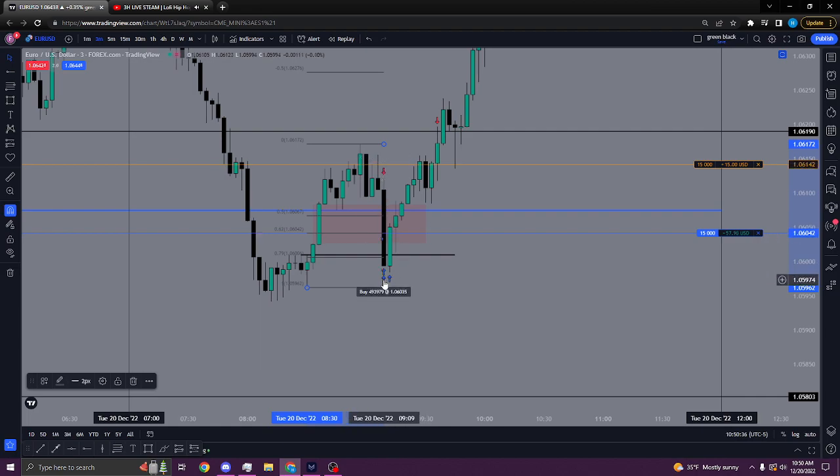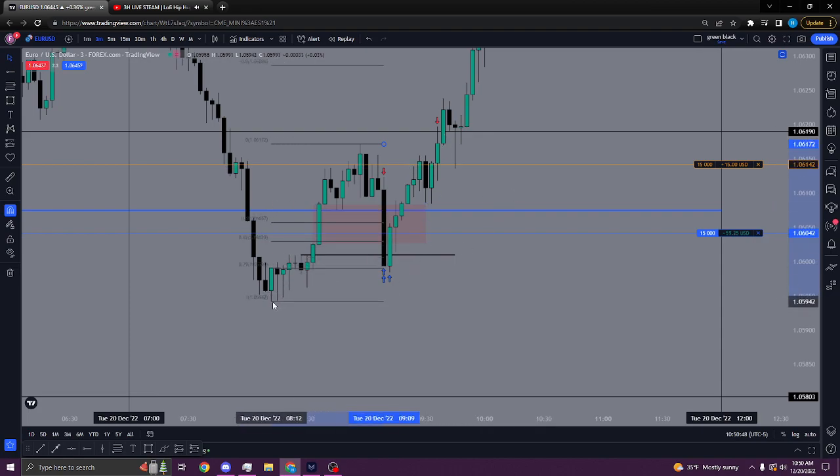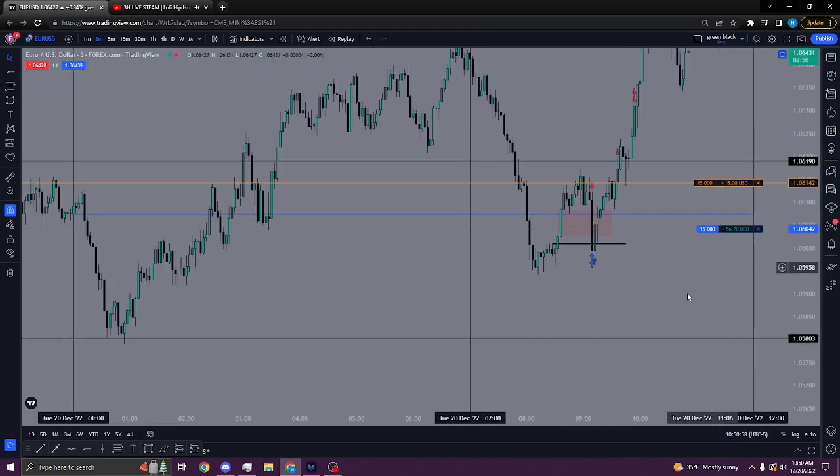But then I got back in here and then here. I got back in again because then I mapped out my range from this low to this high. So my stop loss went below here, never got hit, and as you can see, price started to tank off.